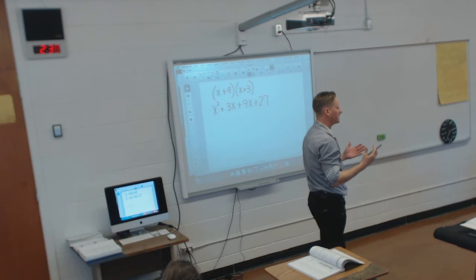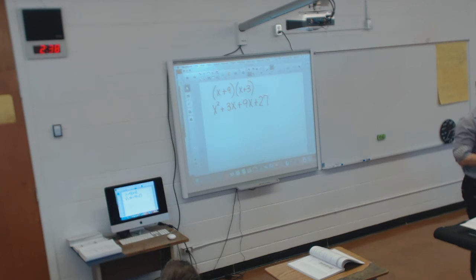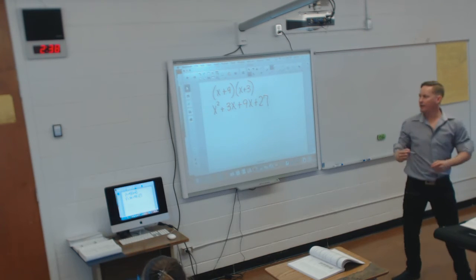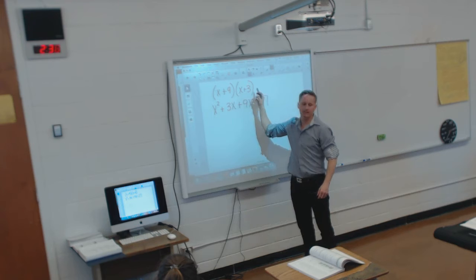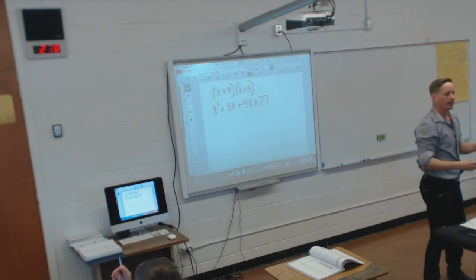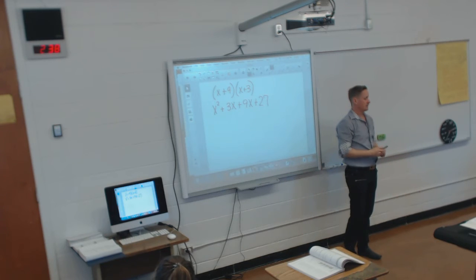That's why we say it's the last in terms of FOIL. So when I work backwards, the values that go in the brackets as the last two numbers will always multiply to give you this last number here, which is 27.